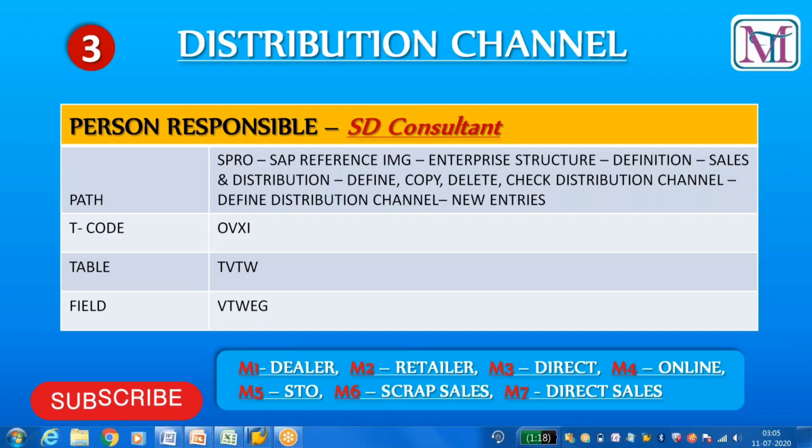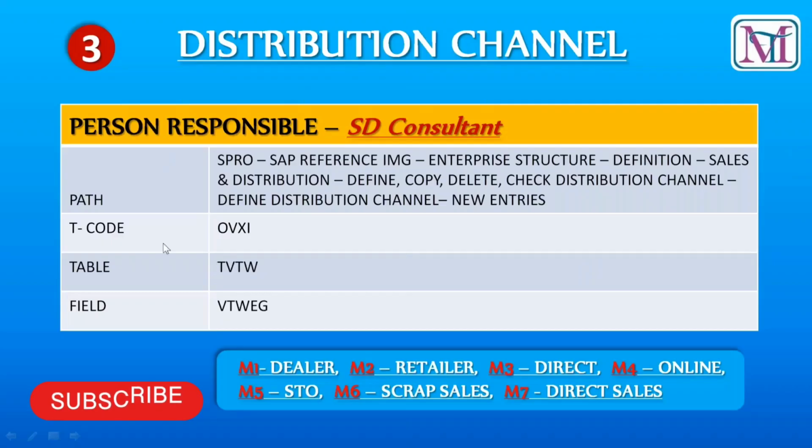Now I have to define distribution channel. You use this path, this is the T code, and this is the table name. I'll request you to remember the table name, it will help you a lot in future.